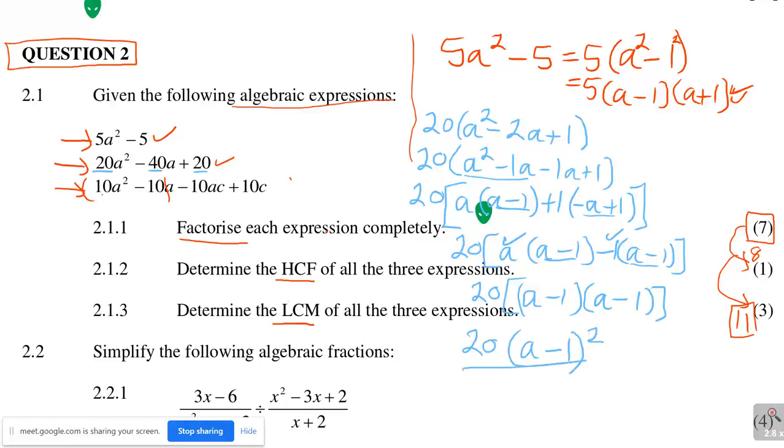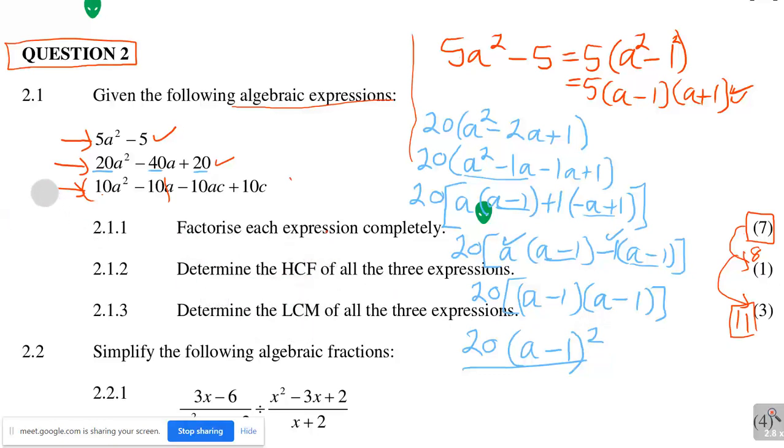Remember, this is very important later for your highest common factor and your LCM. So don't leave it separate like that. Put it in squared. Remember, for LCM you take the highest powers. For highest common factor you take the lowest powers. So if you don't put that square, you might miss out on these other 3 marks.